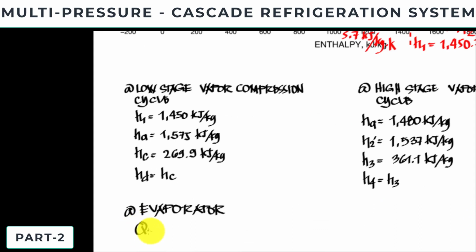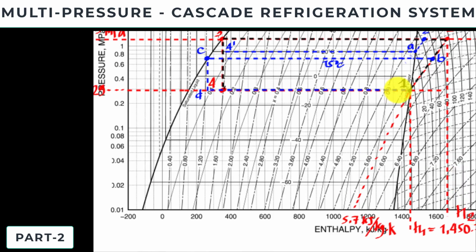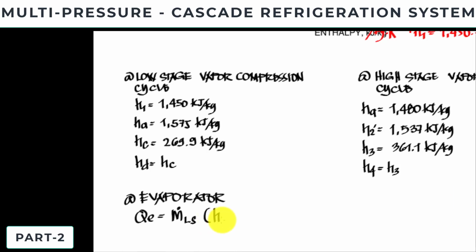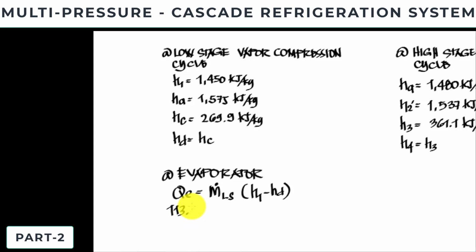Now, for the evaporator, we have your Q evaporator, which is equal to the mass flow rate at the low stage times the change in enthalpy, which is from here to here. So that will be enthalpy 1 minus my enthalpy D. Okay? And this is equal to 113.16 kilojoule per second.